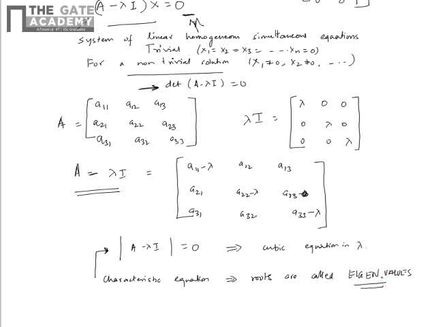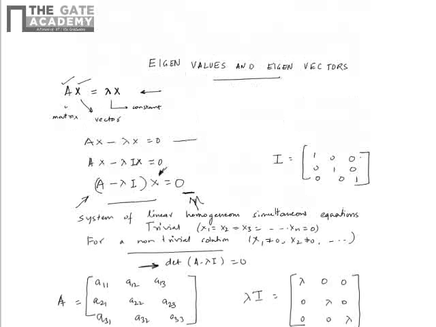And this is called the characteristic equation, and these are the eigenvalues of matrix A, because everything we are doing is on the matrix A. Now once you have found lambda, substitute it back in this equation and you can end up finding x.